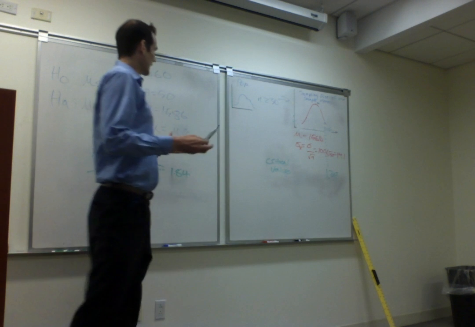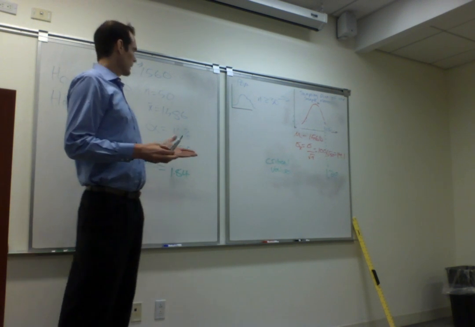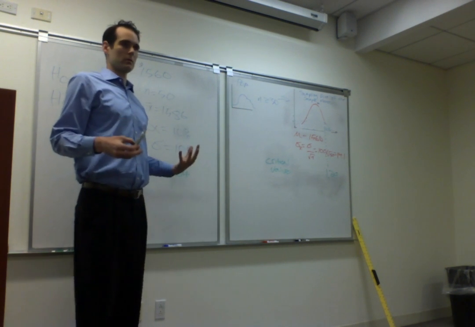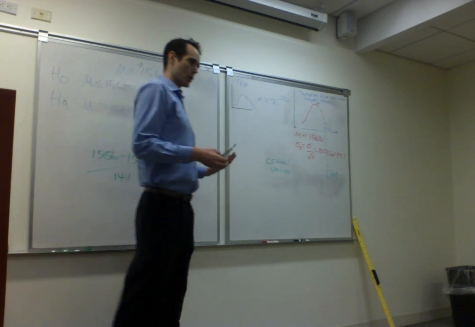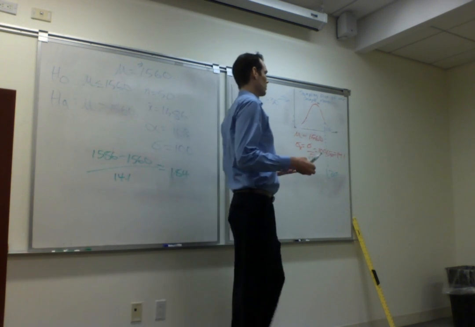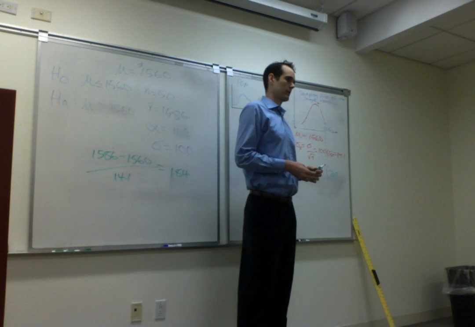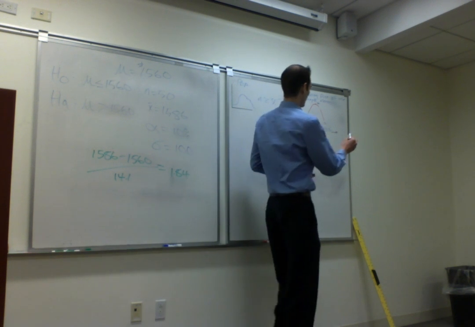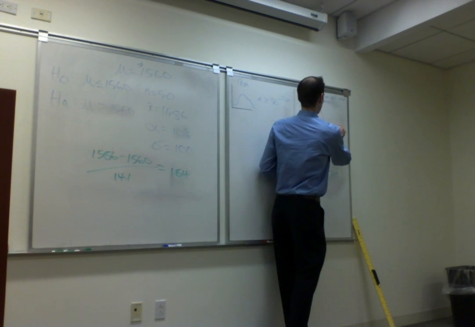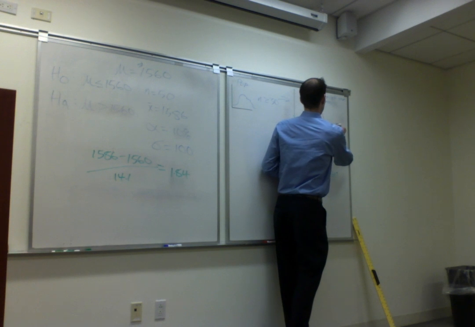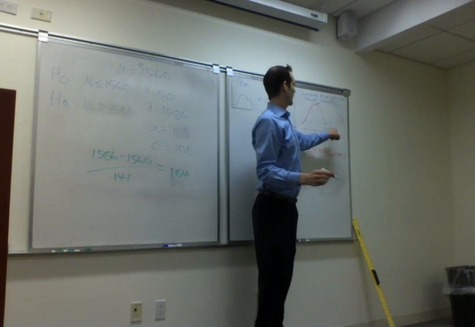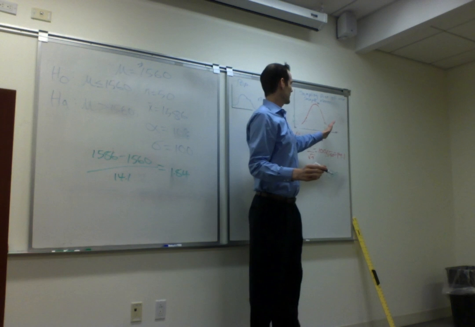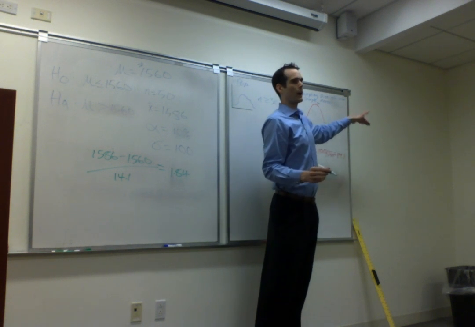So in that case, we don't need to double the area under the curve to find the p-value for a one-tailed test. All we need to think about is what are the chances of getting a sample mean that is that high or higher.